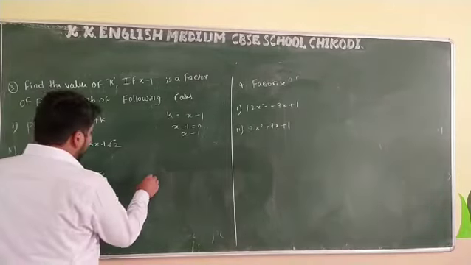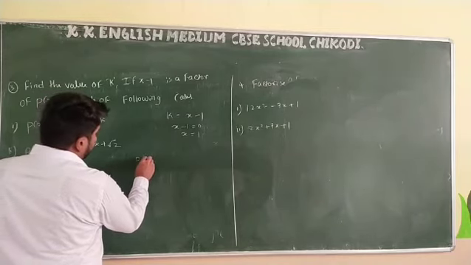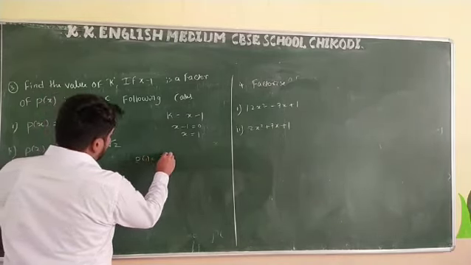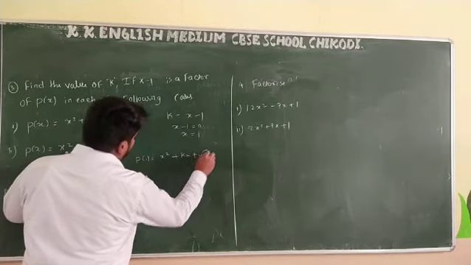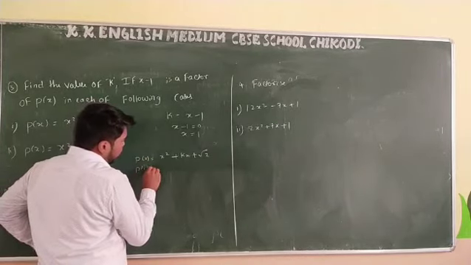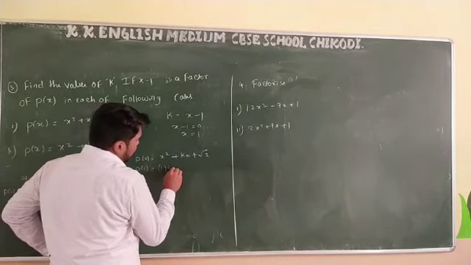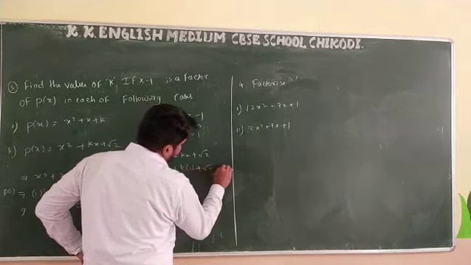Similarly, see this equation, p of x equals x square plus kx plus root 2. Just substitute p of 1, that is p of 1 equals 1 square plus k of 1 plus root 2, which equals 0.